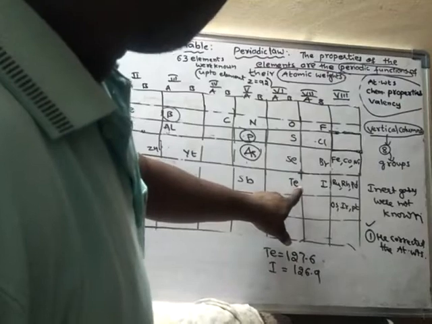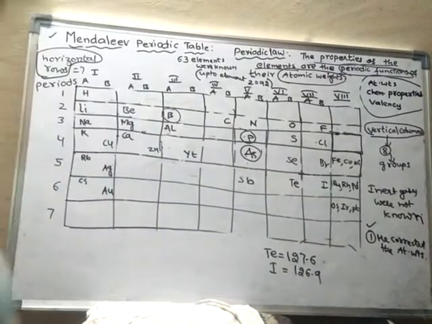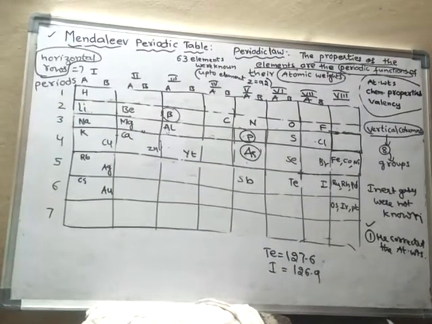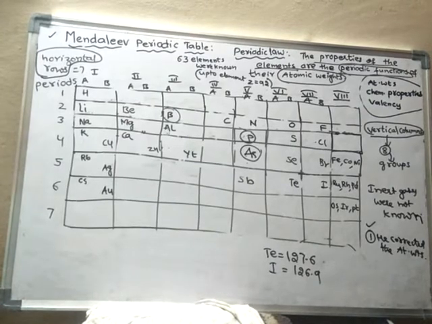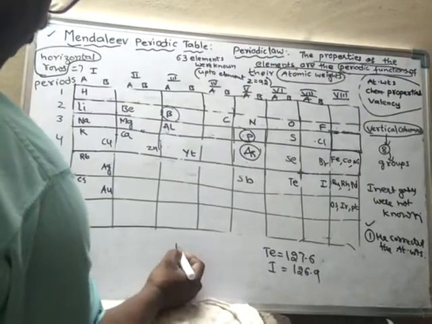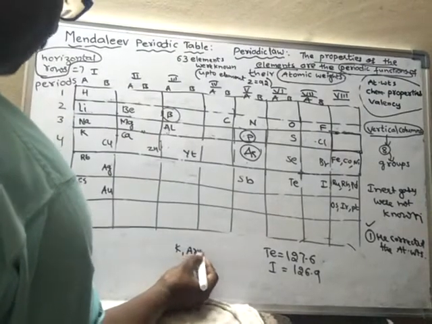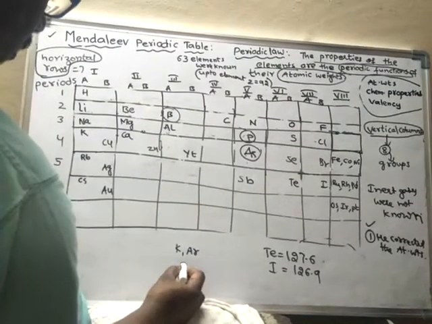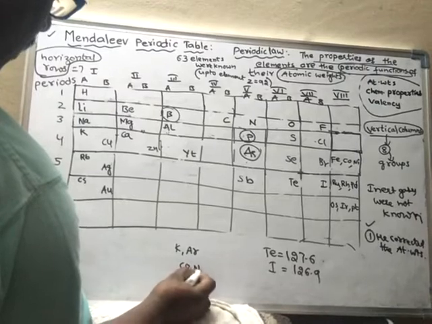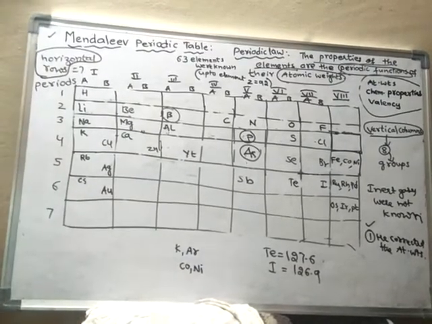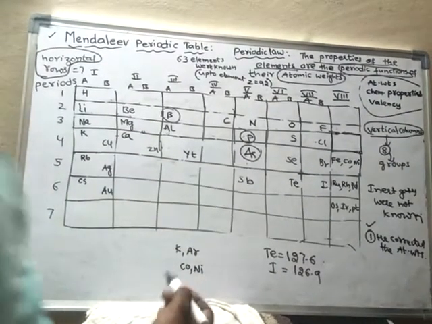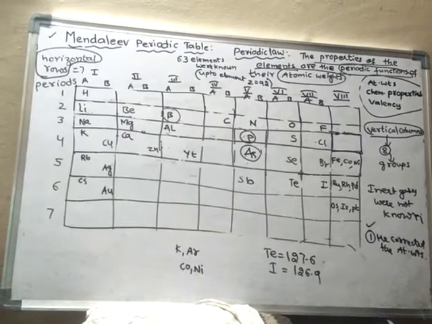Not only tellurium and iodine, there are so many other elements also which he exchanged their places. For example, potassium, argon, cobalt, nickel. Okay, so some other elements he changed the places.